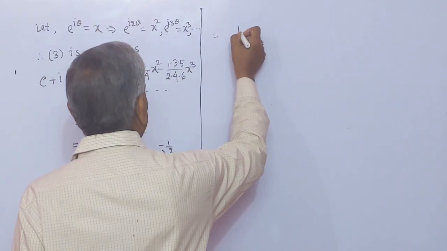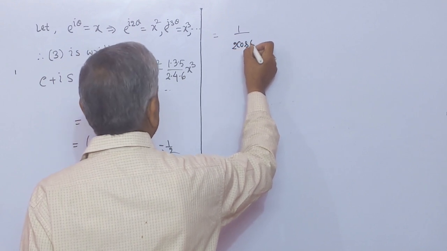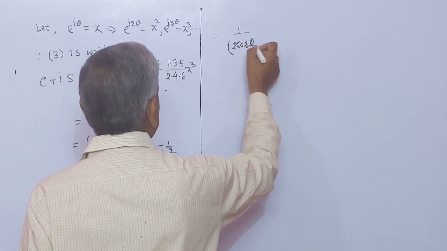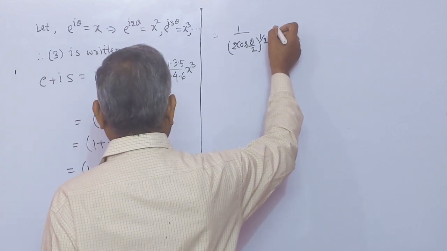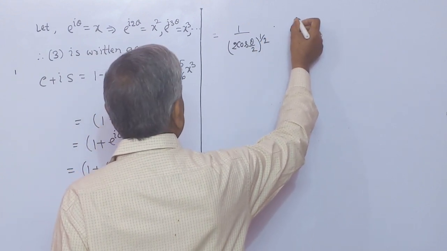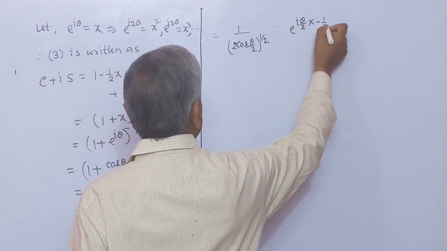This is equal to 1 by 2 cos theta by 2 to the power half, multiply e to the power i theta by 2, multiply minus half.